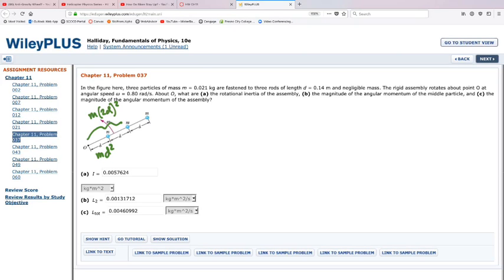What are you going to remember to do? Square the 2 and the d. And then what would the third one be? And then you would add all of those together to find the total moment of inertia. And then the magnitude of the angular momentum is I omega. So you're just finding the angular momentum, a straight calculation at that point.